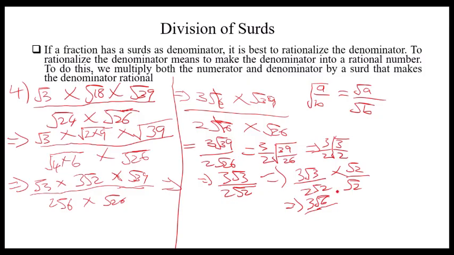Then 2 times root 2 times root 2. Root 2 times root 2 gives us 2. Then 2 times 2 is 4. So this is 3 root 6 over 4. That's our answer. This is the same thing as 3 over 4 with 6. I hope you understand.